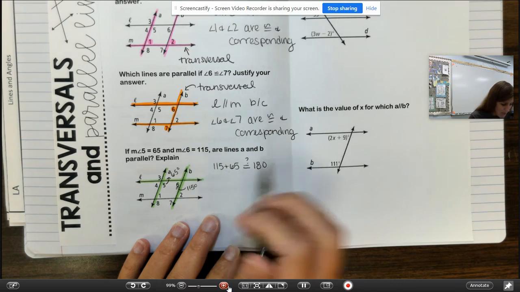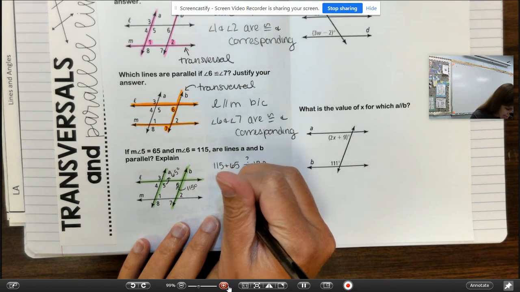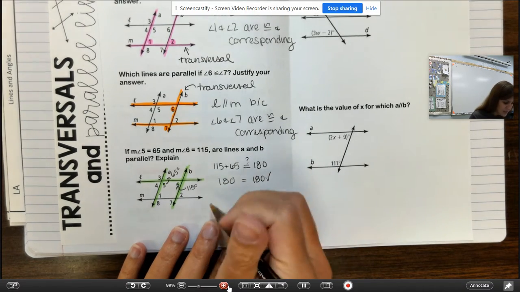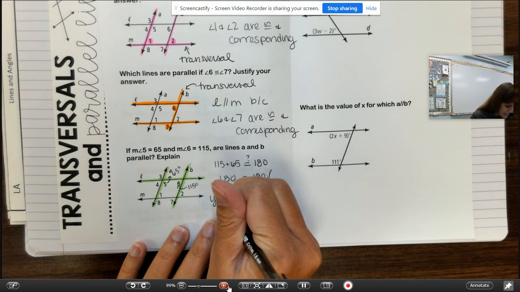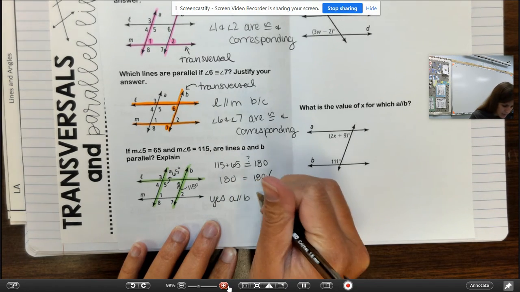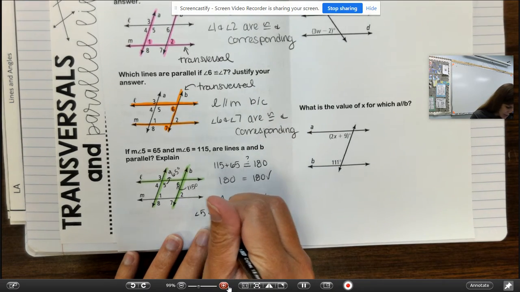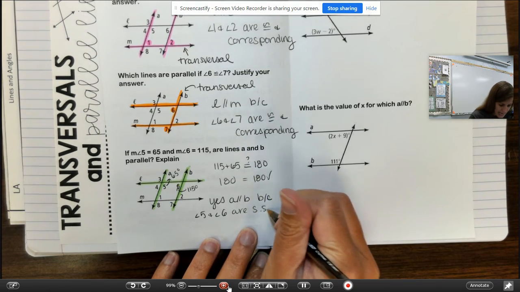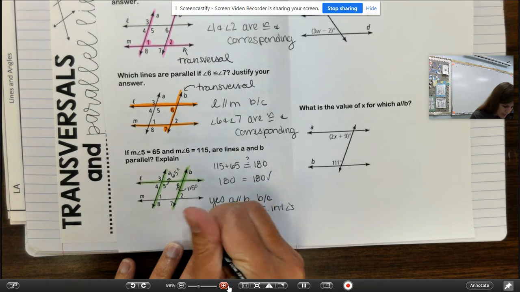Well, 6, 7, oh, it is. Oh, good. 6, 7, 8. Yeah, carry the 1. 180. So yes, lines A and B will be parallel. So yes, A is parallel to B because angle 5 and angle 6 are same side interior angles and supplementary.